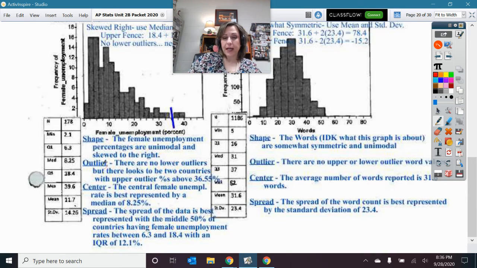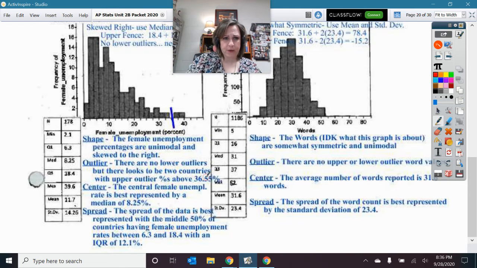There are no lower outlier unemployment rates, but there looks to be 2 countries because it does have a small enough scale where I think I can account for how many pieces of data there are. So it does look as though there's 2 countries with upper outlier percentages above 36.55%.